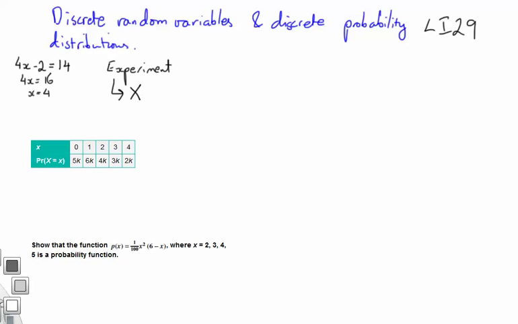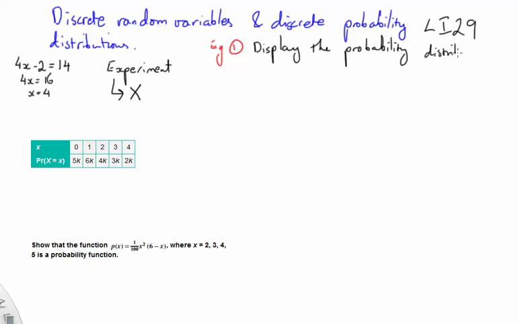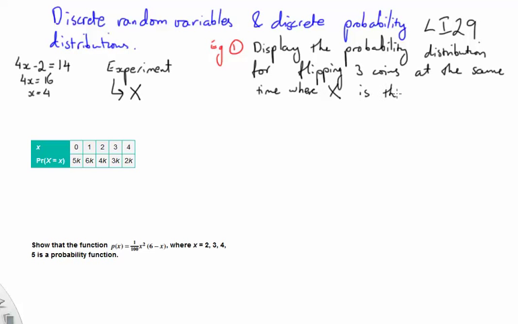Let's define an example. An example might ask you to display the probability distribution for flipping 3 coins at the same time, where x, a random variable, is the number of heads.